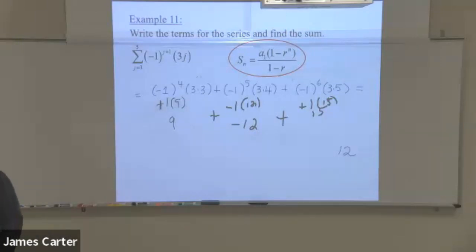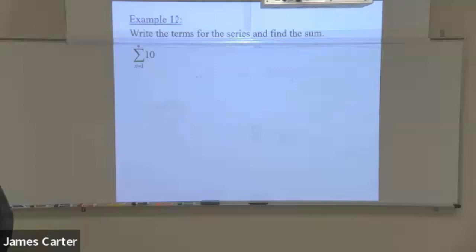These are supposed to be all geometric, but they're not. And why it worked out that way, I'm not absolutely sure. Well, here's another one. This one, you're just going to evaluate it. 10 to the first is 10.